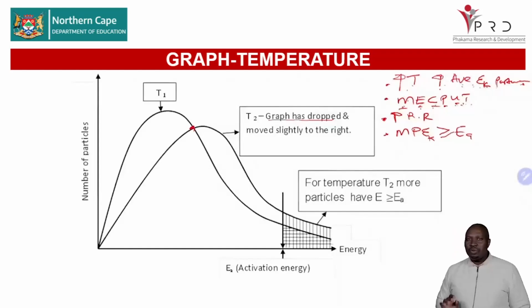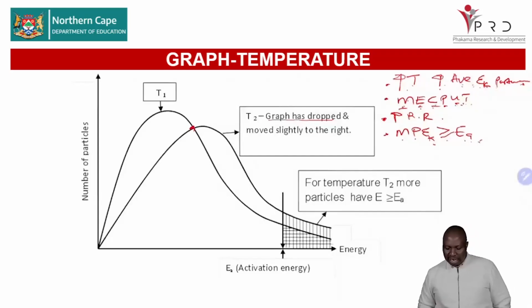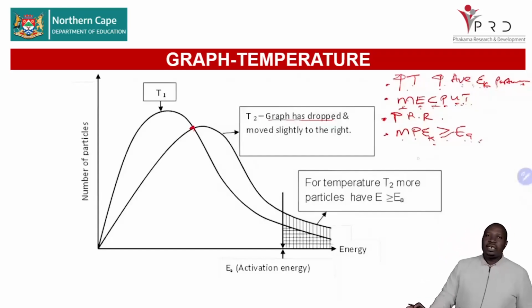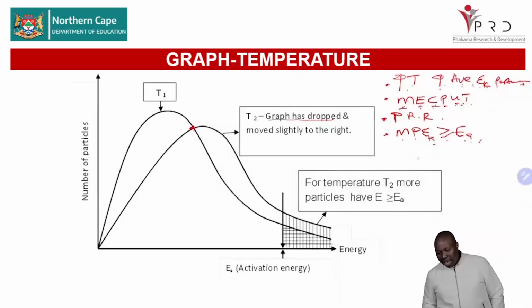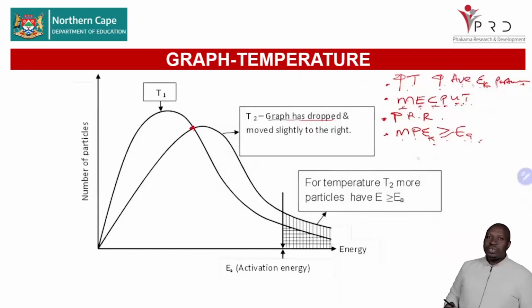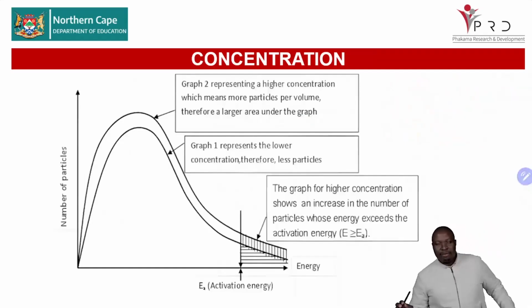It's a 6-letter word. We're emphasizing that. And you will increase the rate of reaction. We'll have more particles with kinetic energy greater than or equal to activation energy. Everything written in full there, you are able to collect your marks. That's how you will deal with increasing temperature under collision theory using the Maxwell-Boltzmann distribution curve.